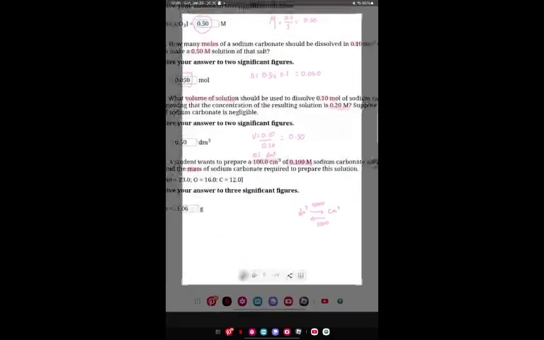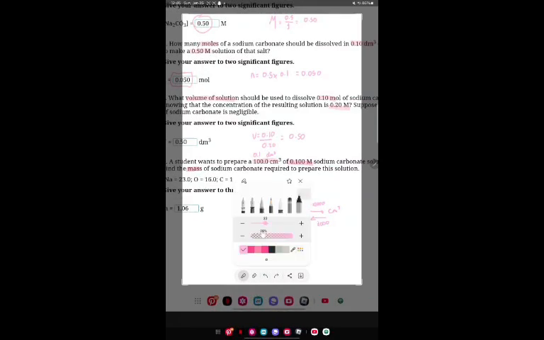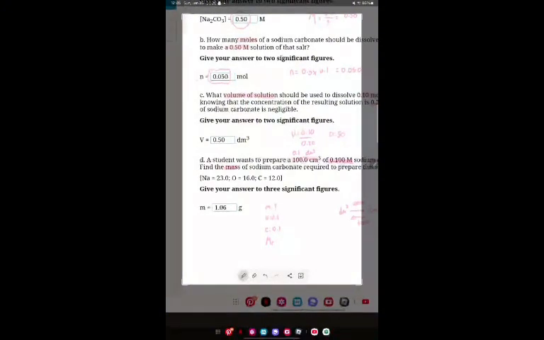Okay, so let's write down what they gave us. They want us to find mass, and they gave us the volume, which is 0.1. They gave us the concentration, which is 0.1. And now we need to find the molar mass. Okay, they gave us here Na2CO3.